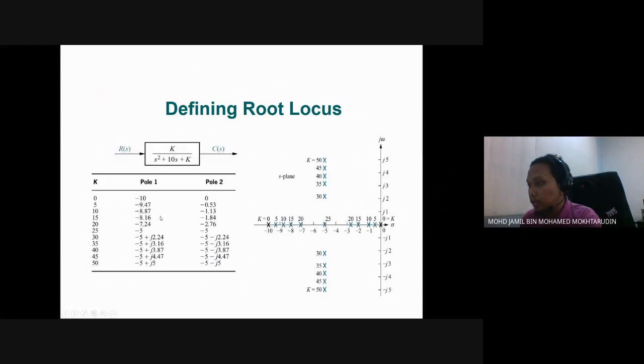Basically here you repeat the process: do this, find the value of k, substitute the value of k, and then find poles. Tomorrow we will learn how to sketch the root locus without using this table. There are certain characteristics or properties of root locus that you need to know.